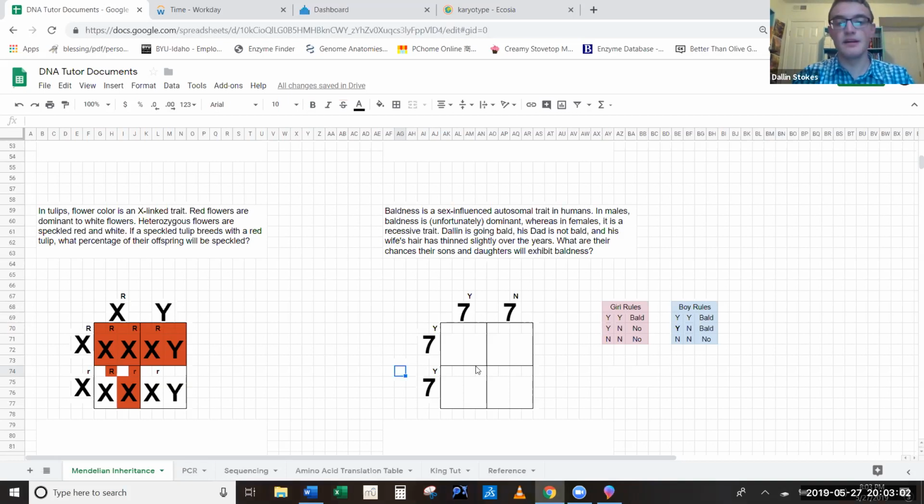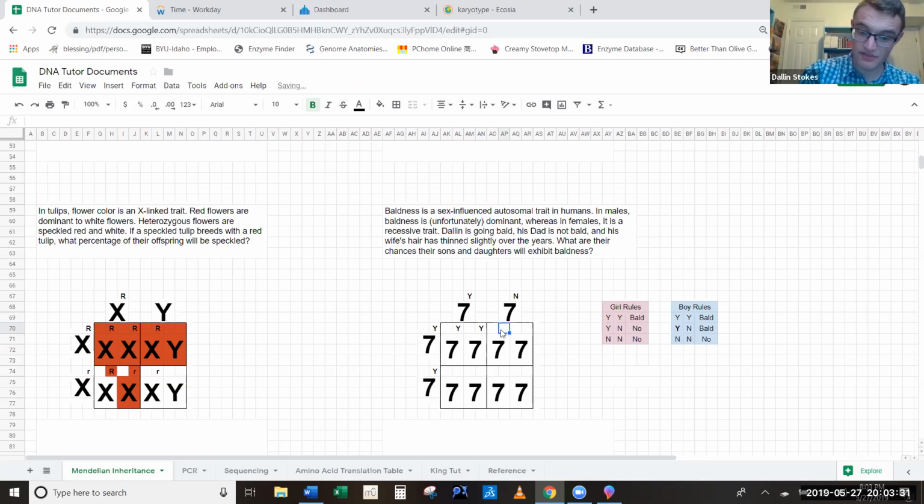Okay. Now let's do the combos. Oops, that happens to be an and, not a 7. Okay. 7, 7, 7. Because each parent's going to give a chromosome 7 to their kid. The dad gives a chromosome 7, yes. Mom gives a chromosome 7, yes.